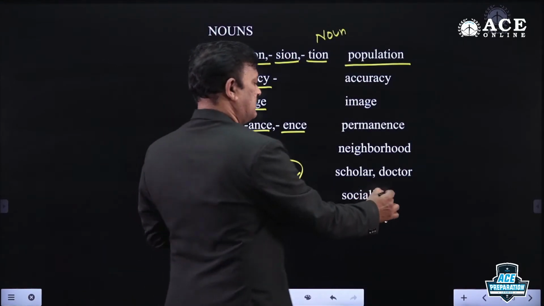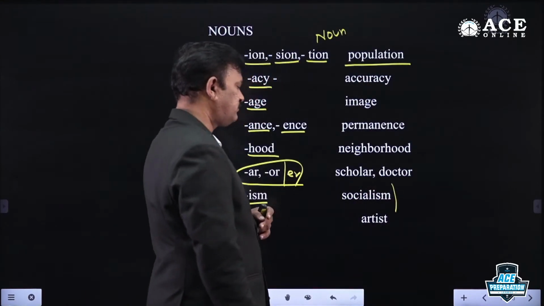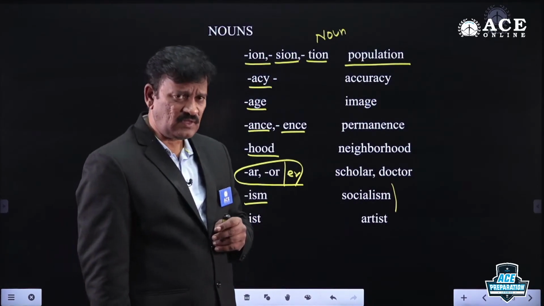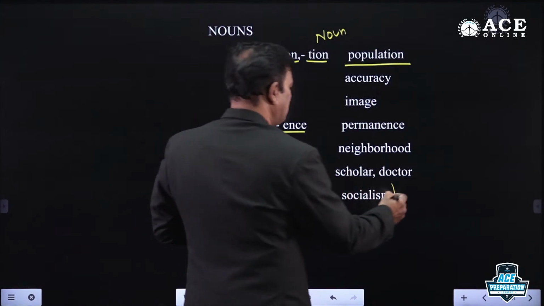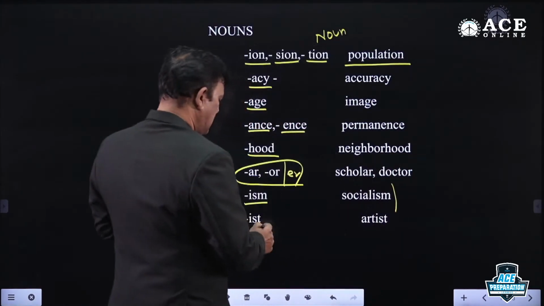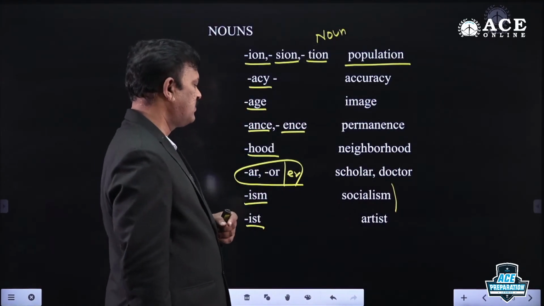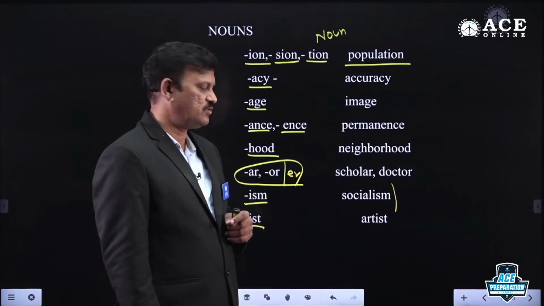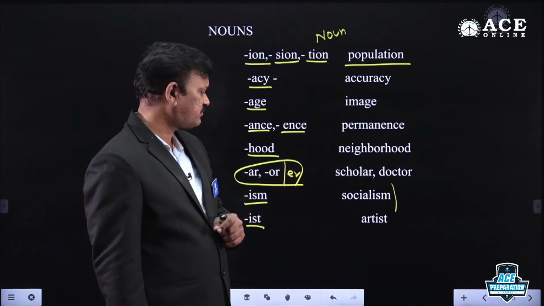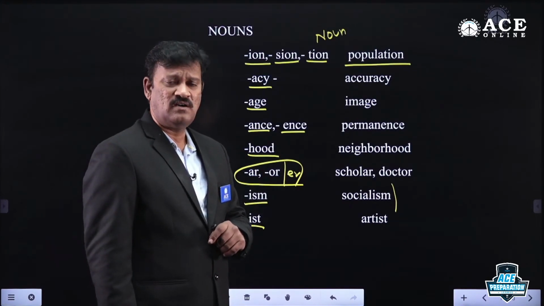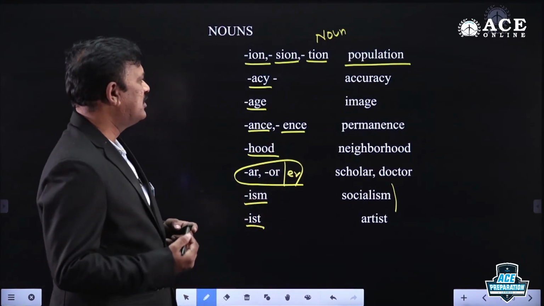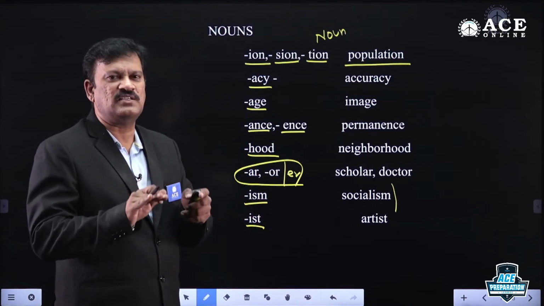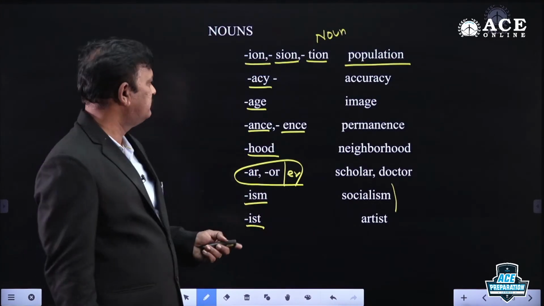There are so many isms. Socialism, any other? Maoism, Naxalism, isms. These are nouns. And IST also gives me nouns. Artist, scientist, dentist, etc. Try and give me more words based on that. So basically these are by birth nouns.